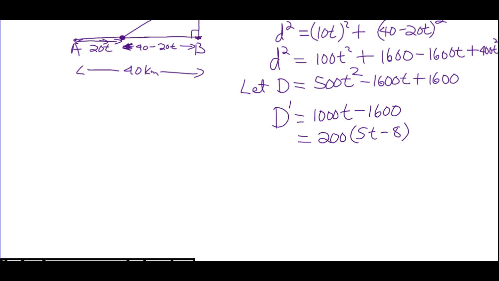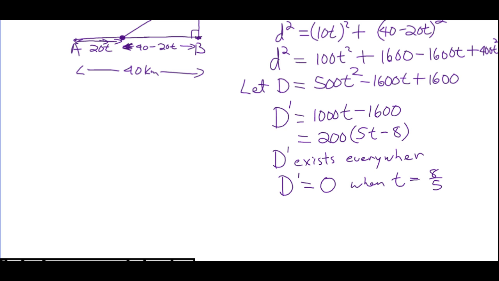It's just a linear function. Everywhere. So D prime exists everywhere, and it's equal to 0 when t is 8 over 5, right?